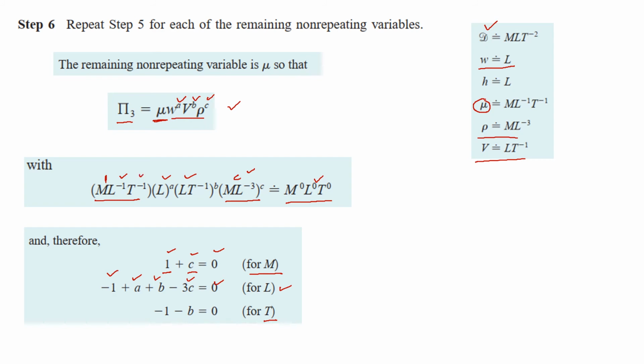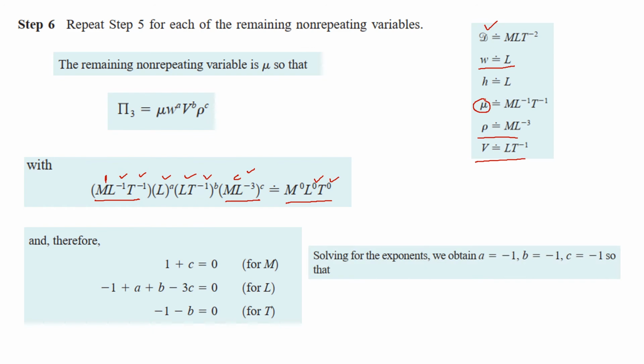So time is minus 1 minus b, and minus 1 minus b is equal to 0. So these are my 3 equations, and with the help of these 3 equations I will now find the values of a, b, c, and then I will put them in my pi term, and I will rearrange my pi term in its correct dimensionless form.